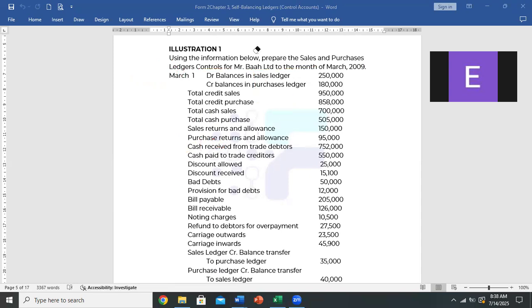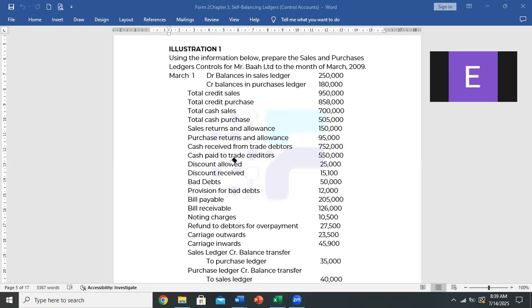So you have the following for Mr. Bar Limited. You see March 1st, debit balance in the sales ledger, and with the date attached, I think all professors know that this is an opening balance. Then credit balance in purchases ledger. Total credit sales, total credit purchases, total cash sales, total cash purchases, sales returns and allowances, purchase returns and allowances, cash received from trade credit debtors, cash paid to trade creditors, discount allowed.